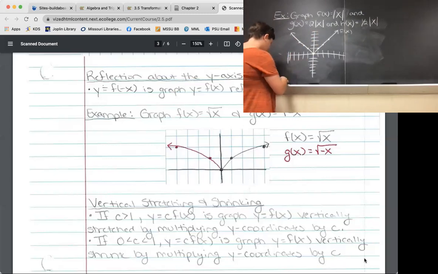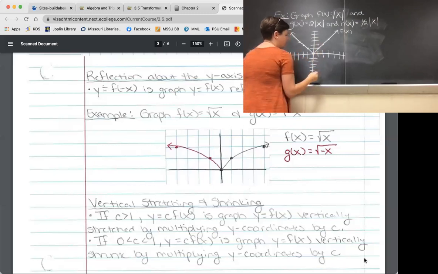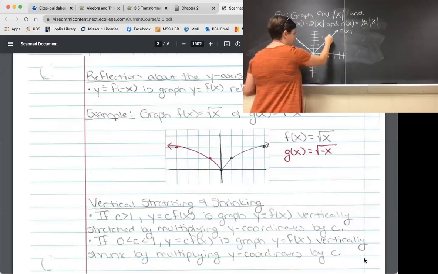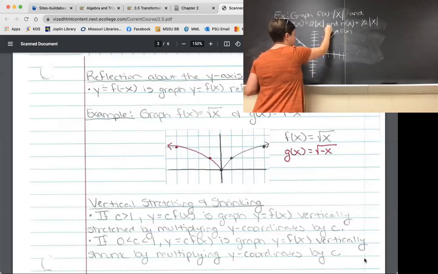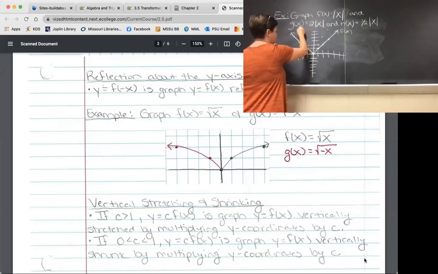So our x values do not change. So I still have x is 1, but instead of y equals 1, I multiply that by 2, so it's y equals 2. Instead of y equals 2 here, it's going to be y equals 4. Instead of y equals 3 here, it's y equals 6. And it's the exact same thing for the other side, just because this is a very symmetric graph. And then all the way out here.